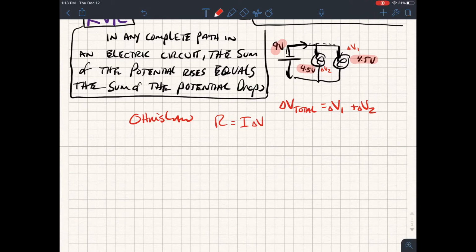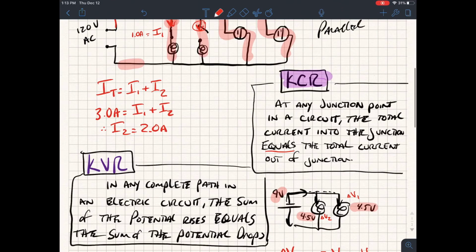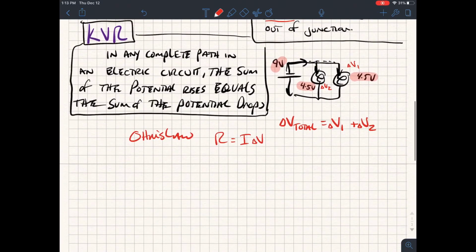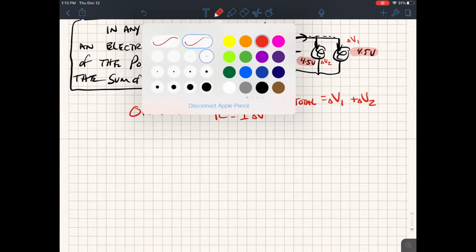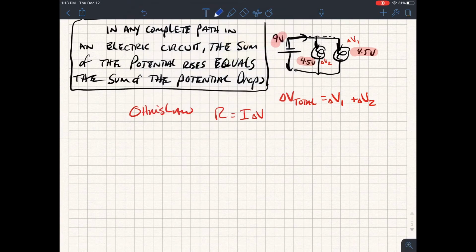So even though Kirchhoff's laws talk about the current and the voltage, we can also use Ohm's law, which uses resistance, to see how we sum up and explain the resistance in different circuits.